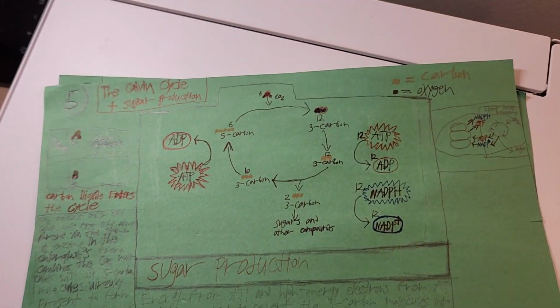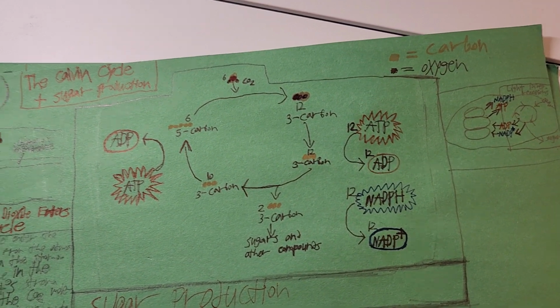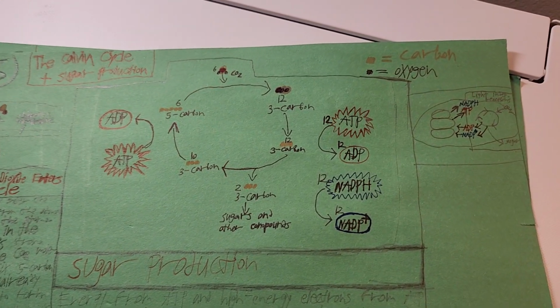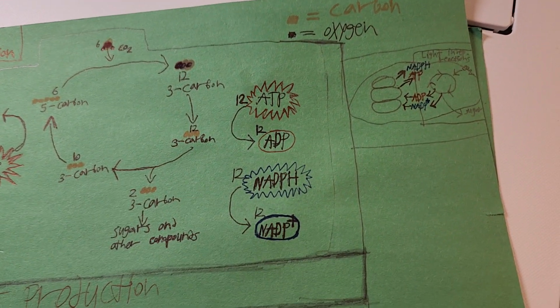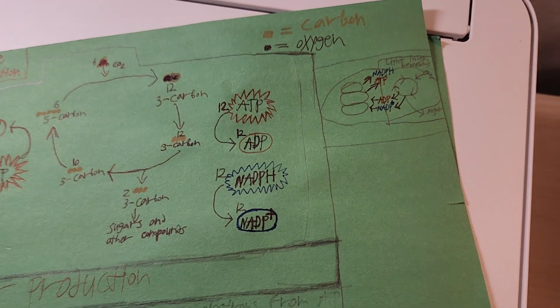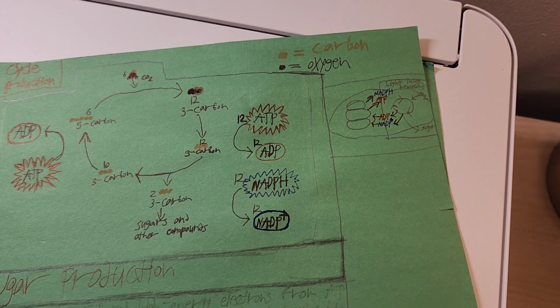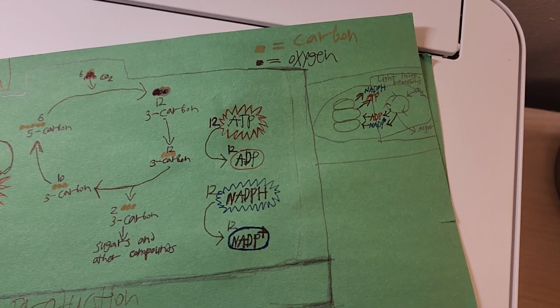Alright. This is light independent reaction, or Calvin cycle, depending on what you want to call it. Essentially, you remember these two energy currencies, ATP and NADPH? Well, there are 12 molecules of them, and they are from the light dependent reactions, which they are the products of.